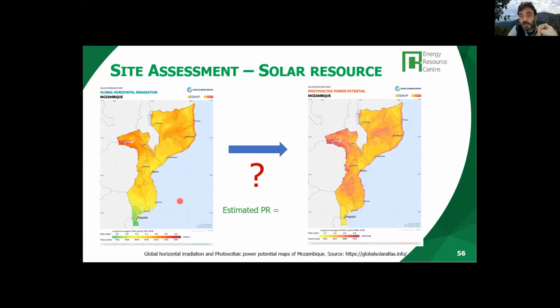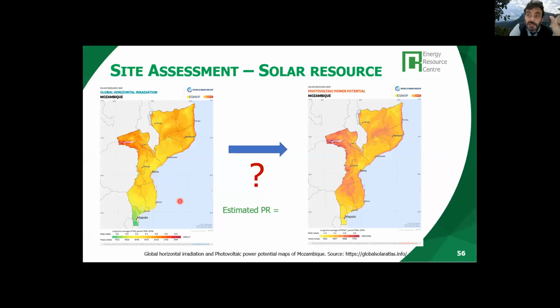If you have time and you need a lot of accuracy to define your financial plan for the project, imagine you want to build a PV system to sell electricity. You have a power purchase agreement with EDM, for instance, and you need to secure a certain amount of income from your plant, a certain amount of generation to be able to, I don't know, pay some loan or something.